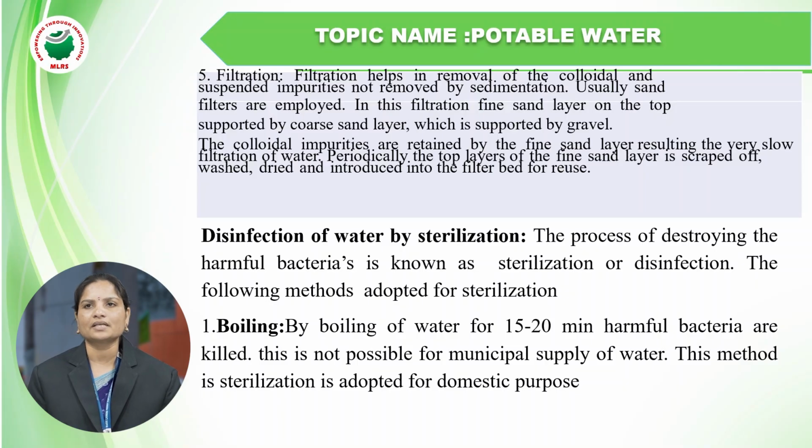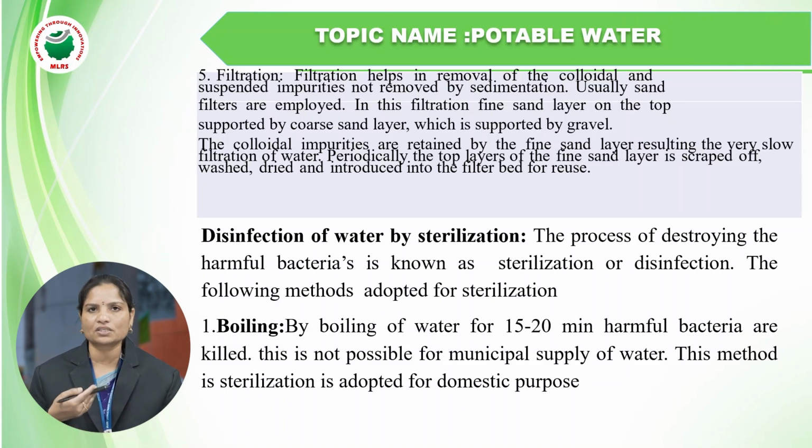But in the sedimentation process also we eliminate colloids and suspended impurities; however, not all the impurities can be eliminated by sedimentation. Hence we go to one more treatment method, the filtration process. Not 100% of the colloids and suspended impurities can be eliminated by the sedimentation process only, so we use one more process for eliminating these suspended and colloidal impurities: the filtration process.